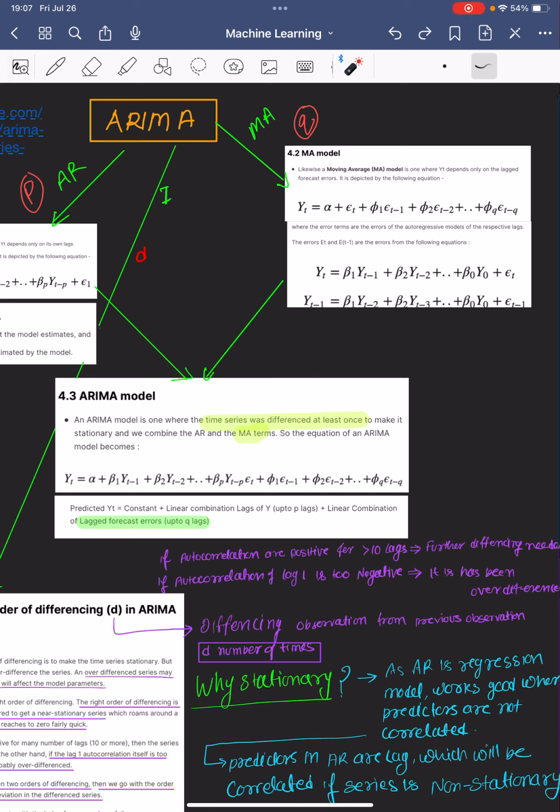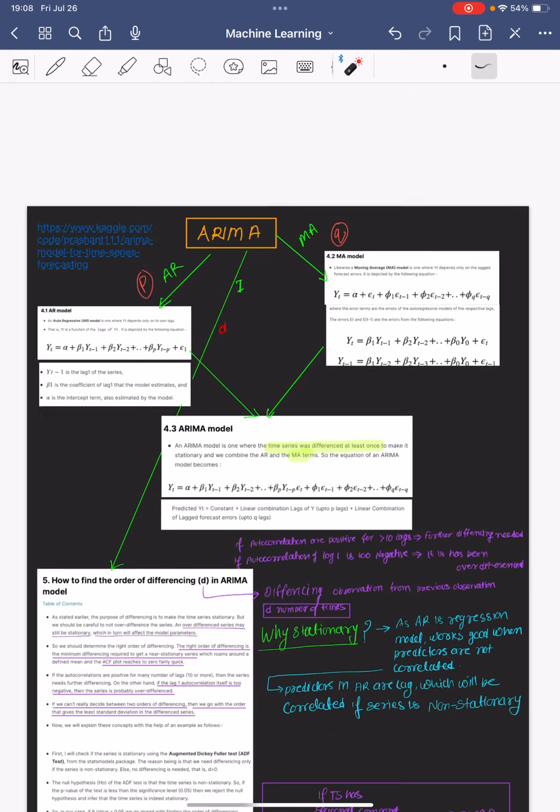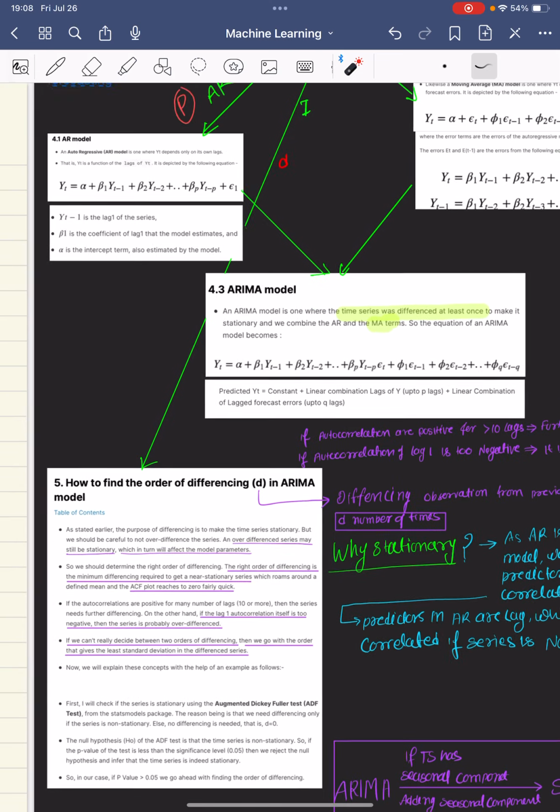So you can see the ARIMA model is some constant and a linear combination of lags of y up to p, the parameter we try to find, and then a linear combination of lagged forecast errors. Lagged forecast error is the important thing we have to understand. This is built on the errors, which are basically forecast errors.